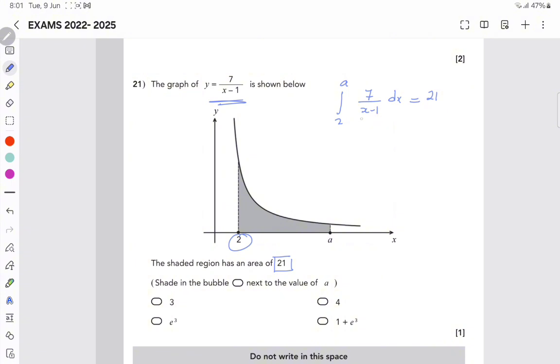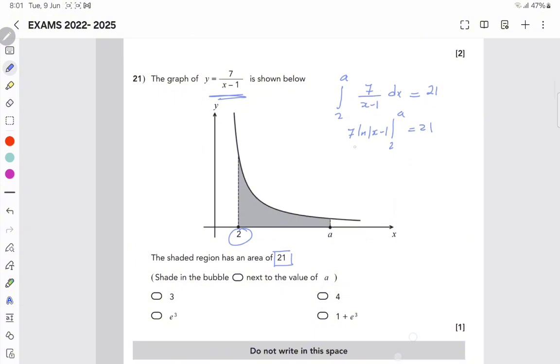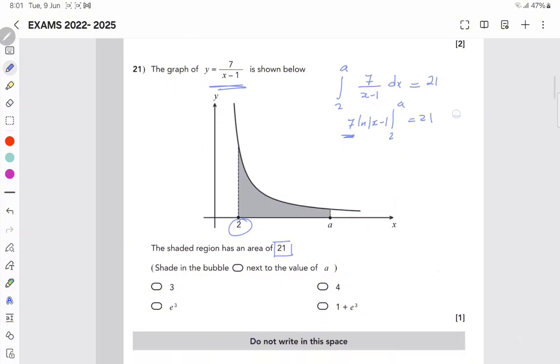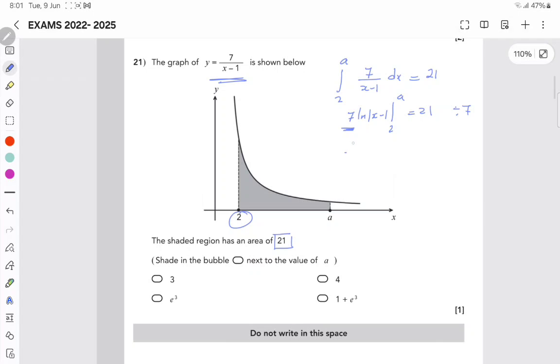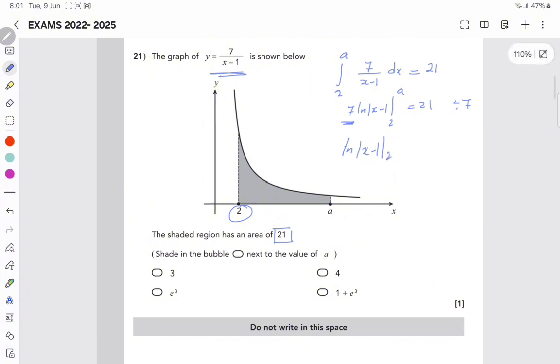In the denominator I have a linear expression, so it will be 7 ln of the modulus of x minus 1, defined from 2 to a, all equal to 21. To remove that 7, we just divide both sides by 7, so I got ln|x minus 1| from 2 to a equals 21 over 7, which is 3.